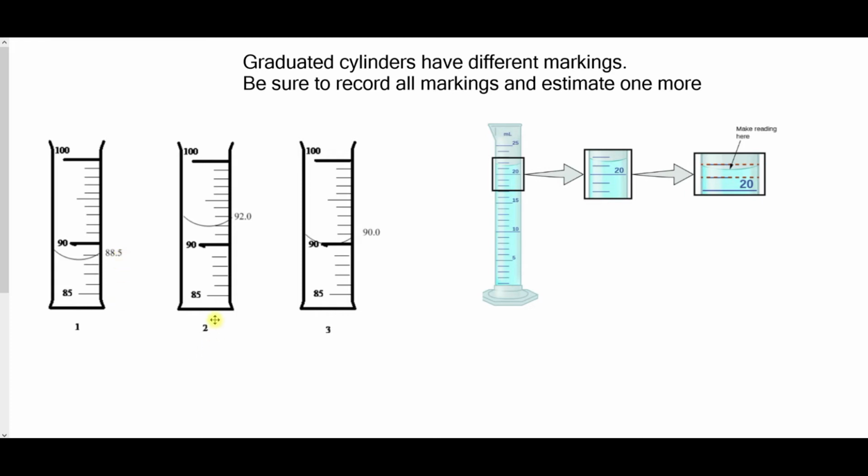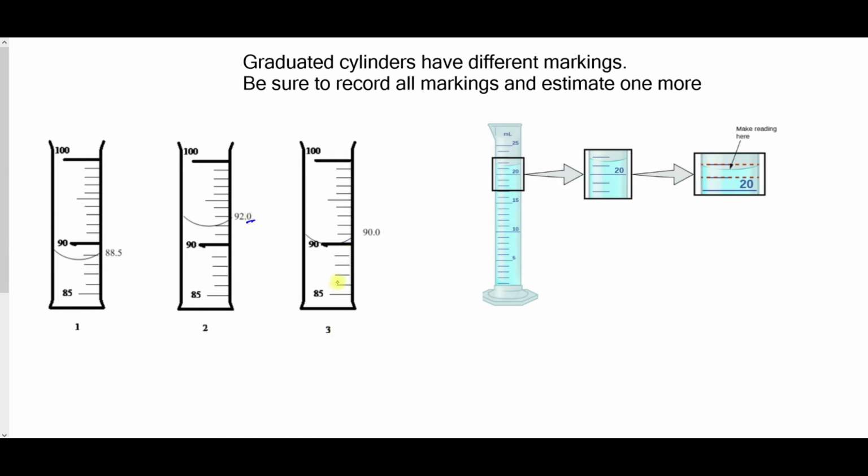If we go to our second example, same scale, so we know we're at 90. Each marking represents 1 in the ones place, so we have 92, and the meniscus appears to be directly on the line, so the 0, the tenths place, is a 0.